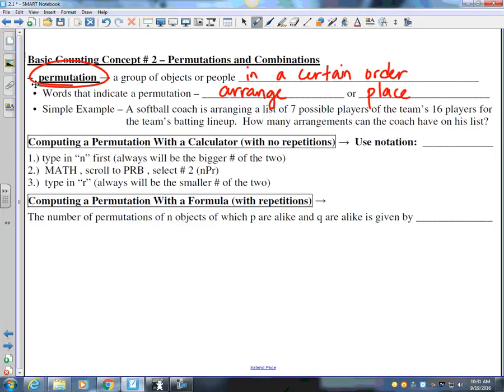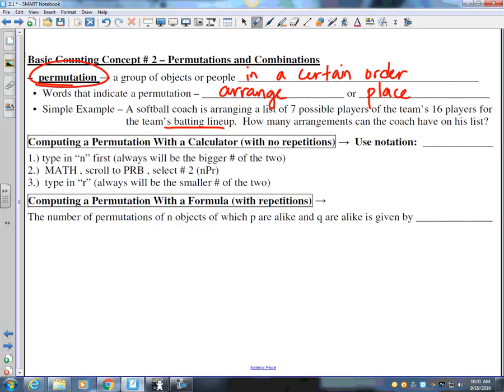So will somebody read the example for us? Good. So for a batting lineup, is there a certain order? Yes, so that's why it's a permutation.